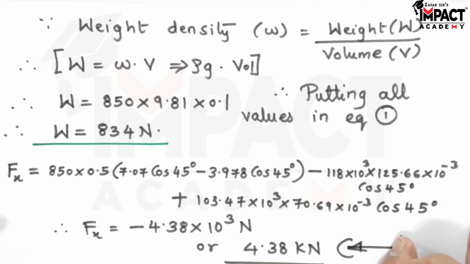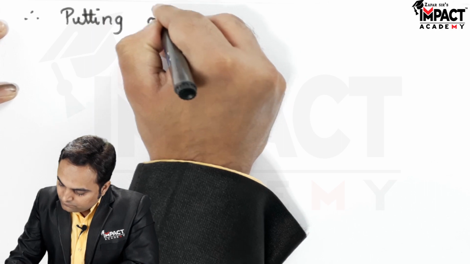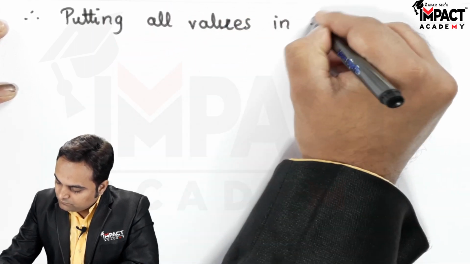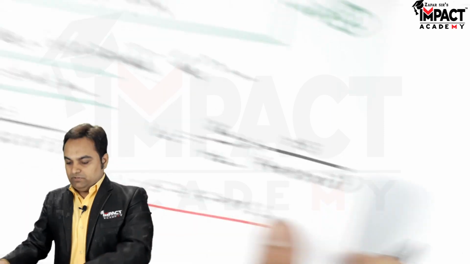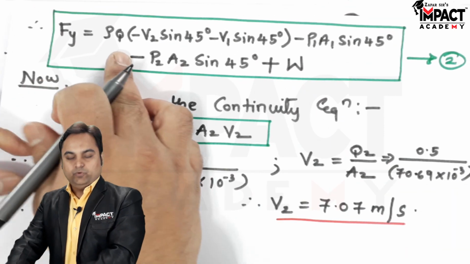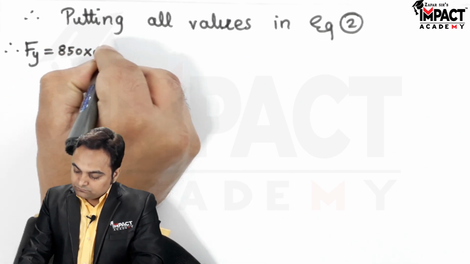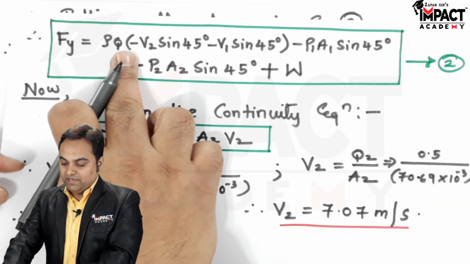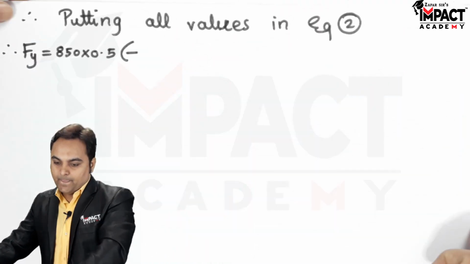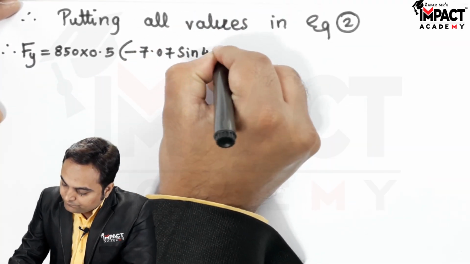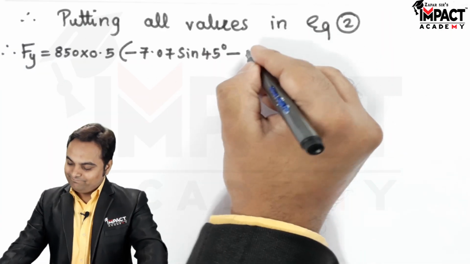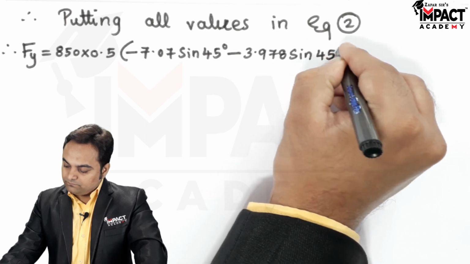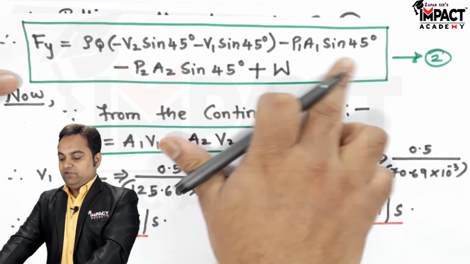Similarly, I'll put all the values in equation 2 to get Fy. Now Fy was equal to, again, rho Q, then minus V2 sine 45, minus V1 sine 45, minus P1 A1 sine 45.